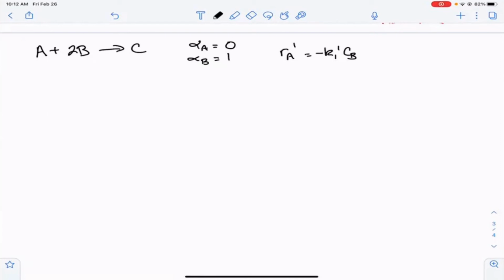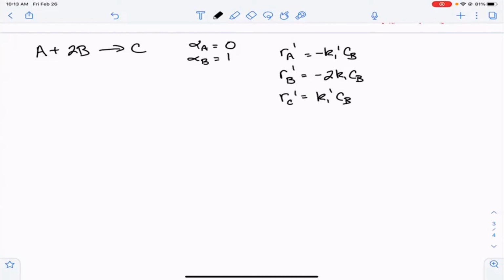And we can do the same thing for B. r_B prime is equal to minus 2 times K1 times C_B because we're taking the reaction stoichiometry into consideration. And then finally, r_C prime is just equal to K1 prime times C_B, okay? So we've basically taken the problem statement and we have the reaction orders. Now the next part of the process is completing the mass balance.